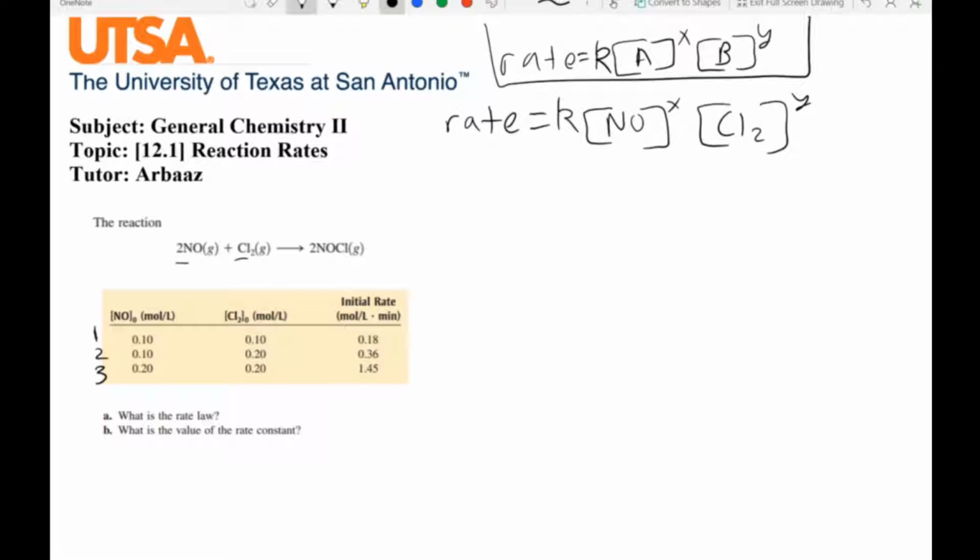So for rate law, you cannot use the overall balanced reaction to determine the exponents of the rate law. You have to be given experimental data in order to figure that out.